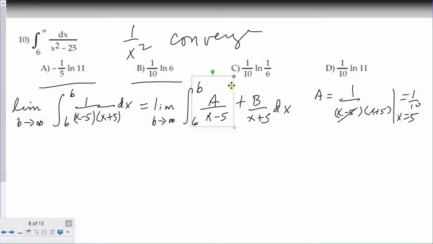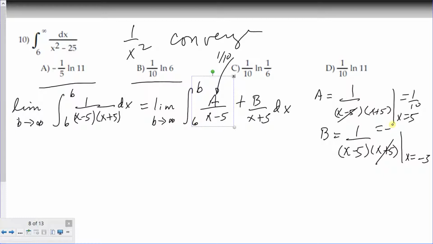So A is 1/10. And you'll see that B is equal to 1 over (x minus 5)(x plus 5), crossing out the x plus 5, evaluated at x equal minus 5, and that equals minus 1/10. So B is minus 1/10.